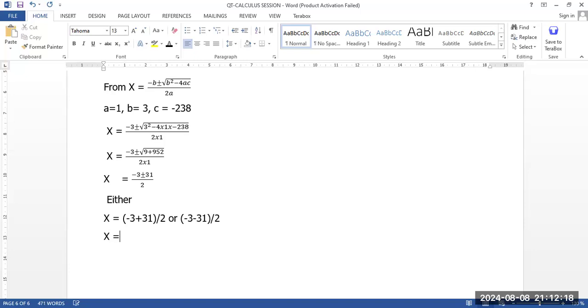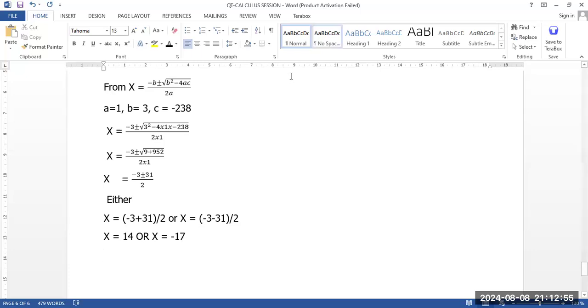Your x is equal to negative 3 plus 31, you get 28 divided by 2. I have 14, or your x is equal to negative 34 divided by 2, you get negative 17.